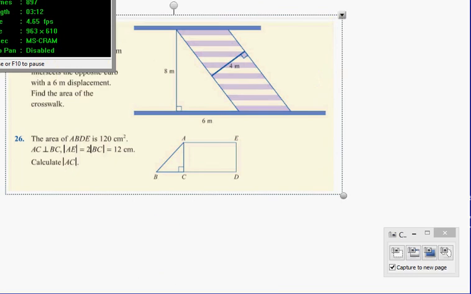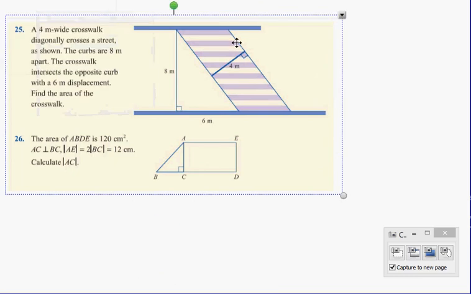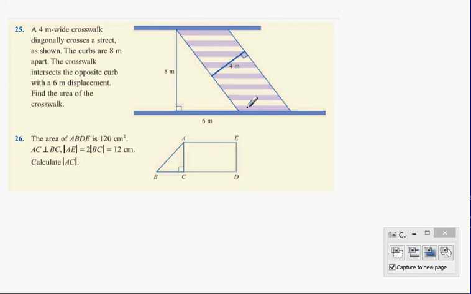This one here, it's basically you're looking for the area of a path. You're looking for the area of the shaded purple region. It's a parallelogram. The reason why I know it's a parallelogram is these two are parallel, these two are parallel. So first and foremost I'm going to do Pythagoras' theorem to find out what x is using this right angle triangle. X squared is going to equal 8 squared plus 6 squared. X squared is going to equal 100.